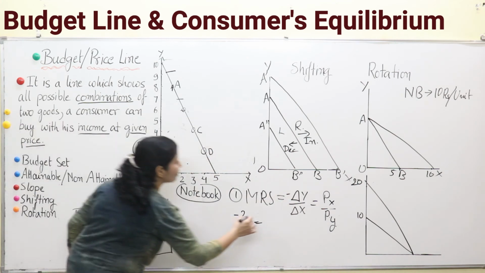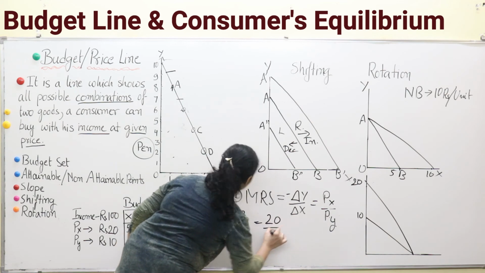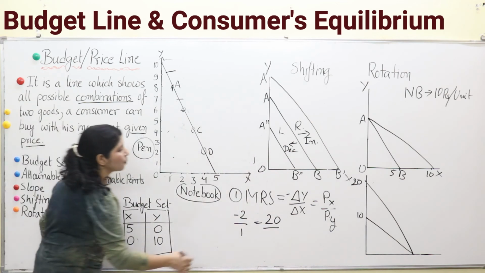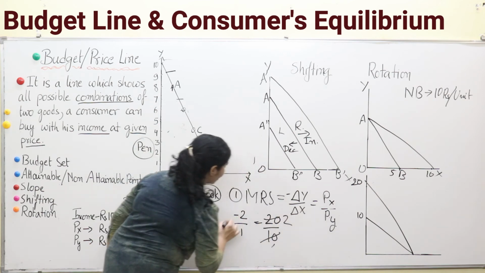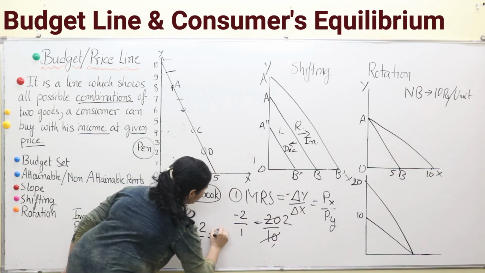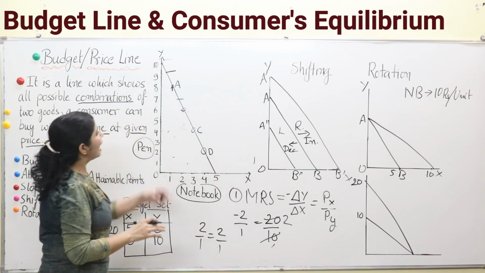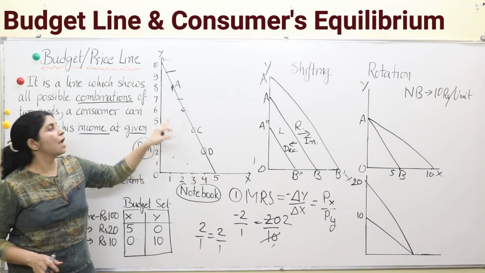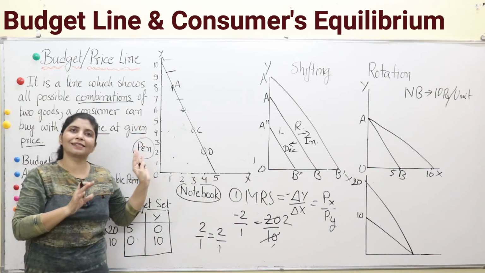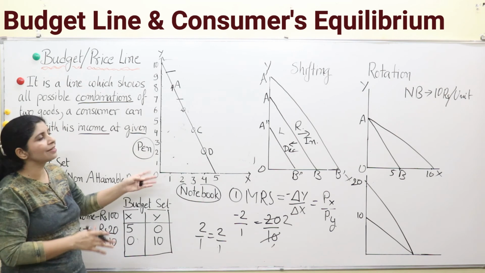Rupees 20 per unit. And what is Py? It is rupees 10 per unit. So 10 ones are 10 and 10 twos are 20. So it is 2 by 1 equal to 2 by 1, and here both are equal. At any given point here, the slope of the price line is constant. Why? Because the marginal rate of substitution is the same throughout, and the price is constant, the change is constant.